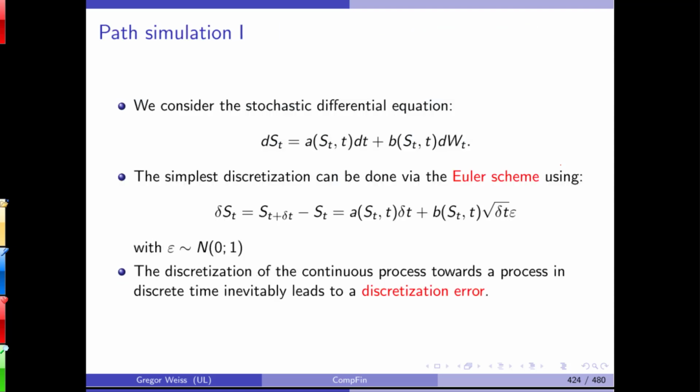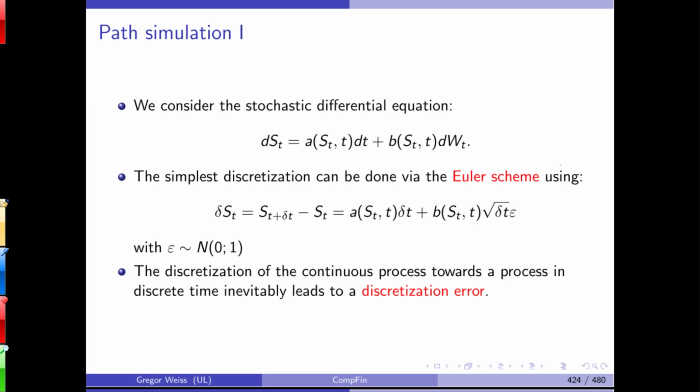Okay, so what do we do? We consider the stochastic differential equation dS_t, very general, equal to drift function A dt plus diffusion function B dW. And one could think of a very simple discretization being delta S_t. Remember, geometric Brownian motion. Brownian motion meant independent, normally distributed increments. So let's just do this.